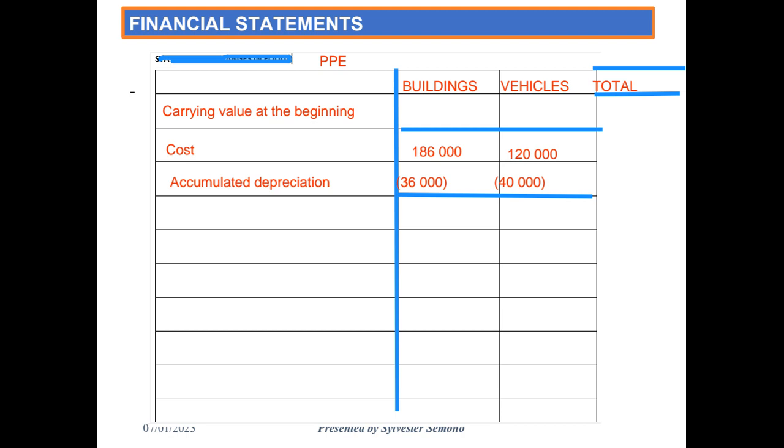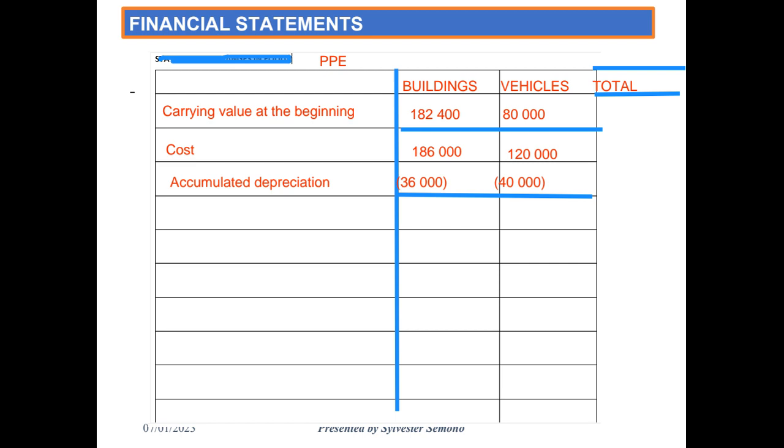Okay. For vehicles? It's going to be 80,000. So now you dealt with the ones at the beginning.